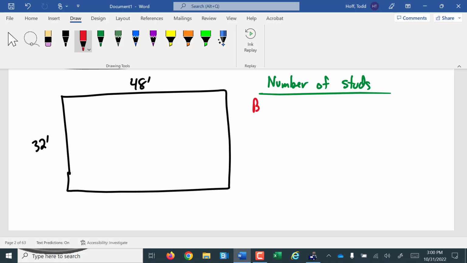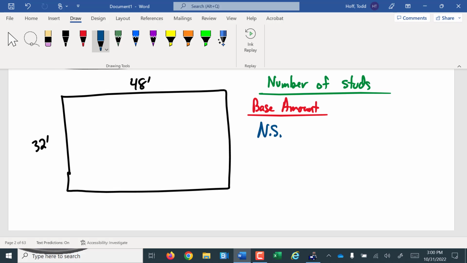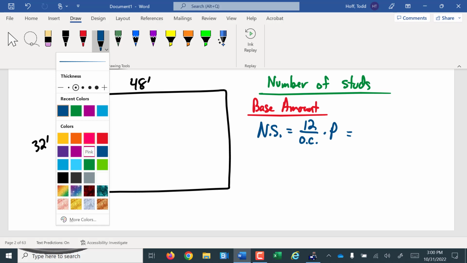I have a base calculation, or a base amount. And that base amount, the number of studs, is 12 over my on-center spacing times the perimeter of the house. Well, my on-center spacing for wall studs is typically 16 inches, right?